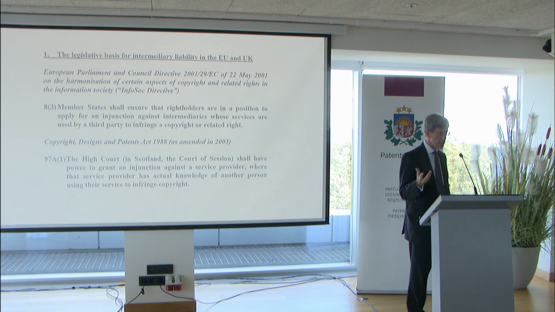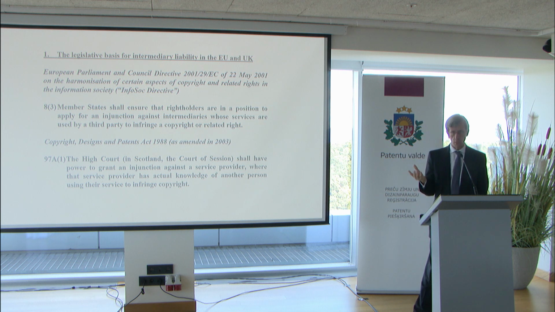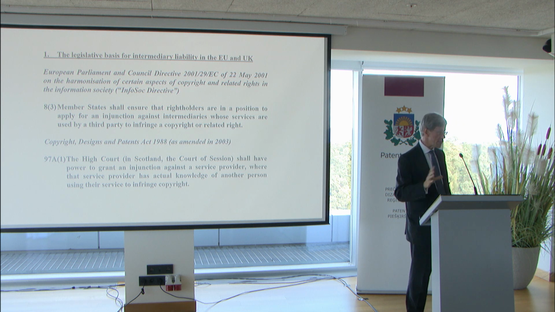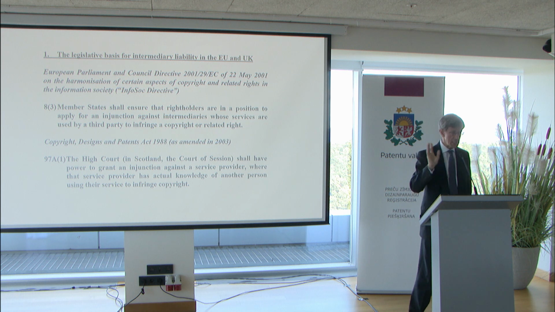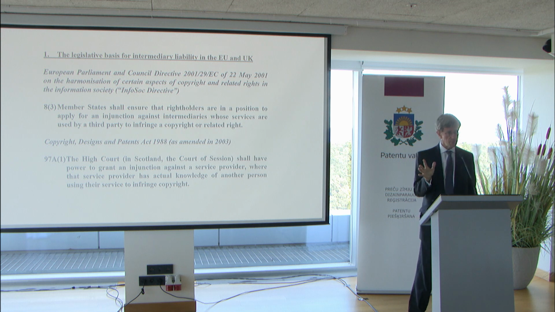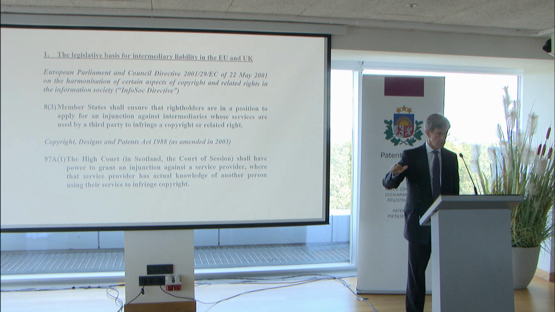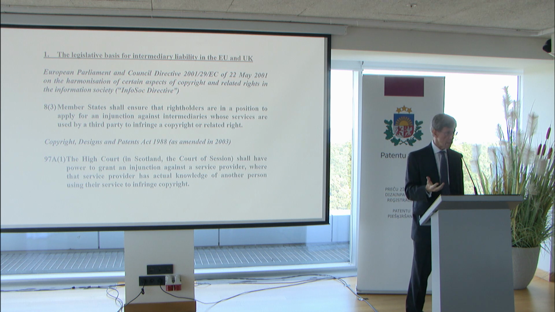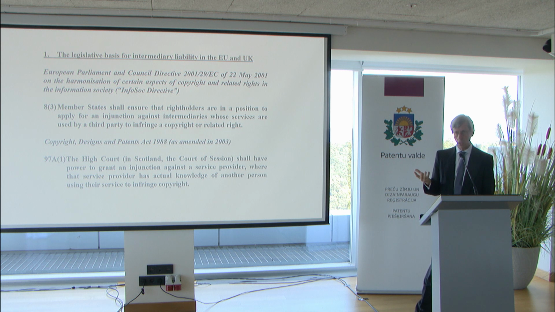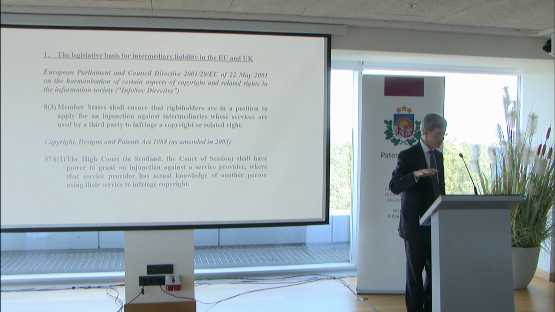We've got 13 directives now harmonising copyright law across the EU. So it's not quite true to say that all of copyright law is harmonised. It's not, but an awful lot of copyright law is now harmonised. But it's harmonised at the level of primary liability. The same is true of trademark law and designs law. Again, a substantial degree of harmonisation across the EU, but it's at the level of primary liability.